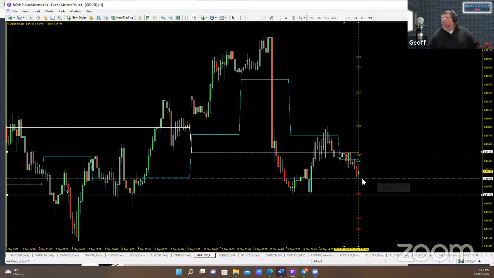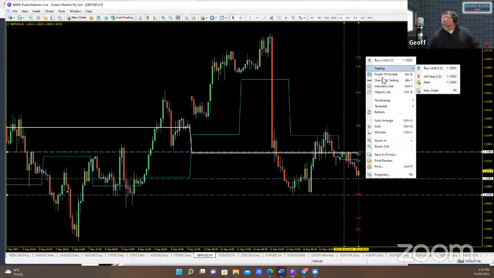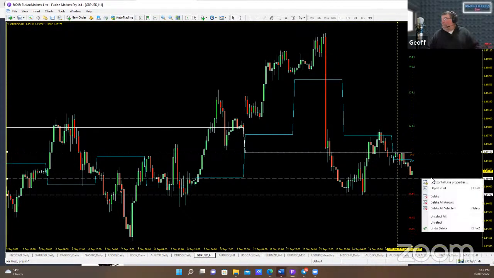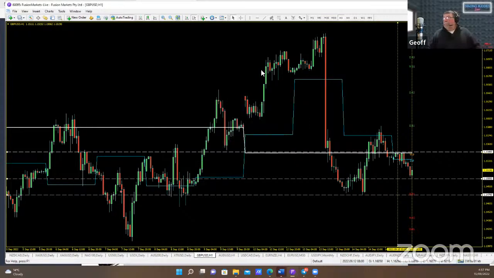And the low of the current bar is 1.15053. Let's make that 1.1505. Why did I do that? Got no idea. So 1.1505, that's our range established.